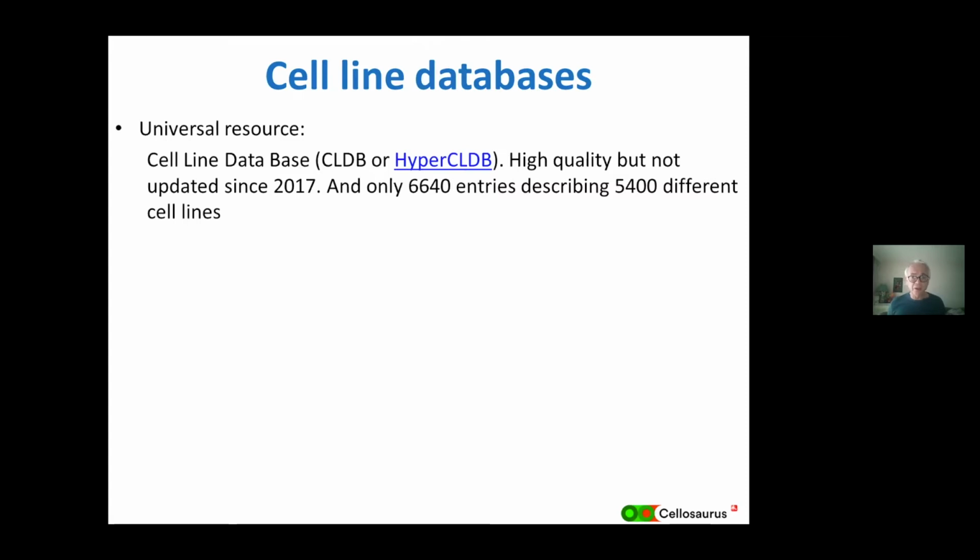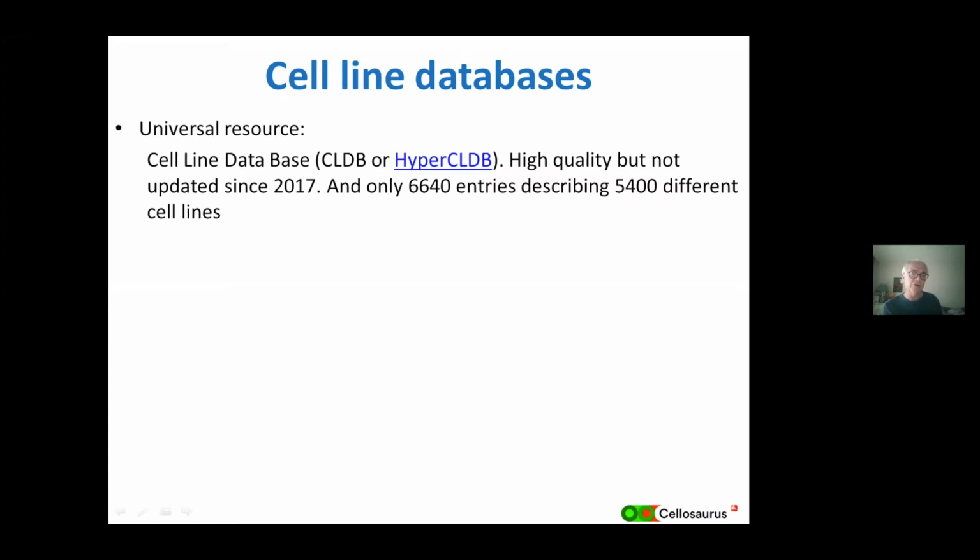It's high quality, and it was meant to be a universal database catering for all different types of cell lines. But unfortunately, it hasn't been updated since 2017, which is not a long time, but still it's 4 years, and it only describes 6,640 entries, so about 5,400 different cell lines.